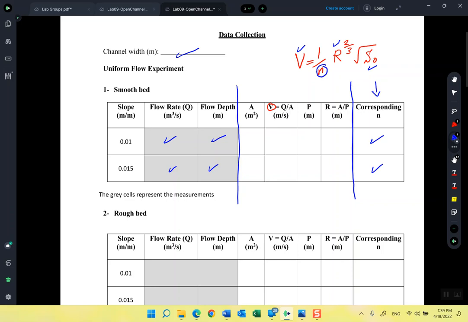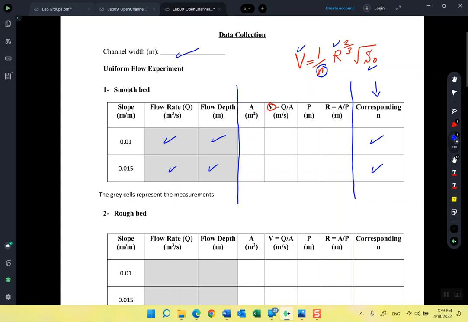Actually, if you focus on the Manning equation, it looks like n is independent of S naught, right? Because velocity is dependent on these parameters, but actually n is not dependent on S naught. It's a different variable. It is independent.